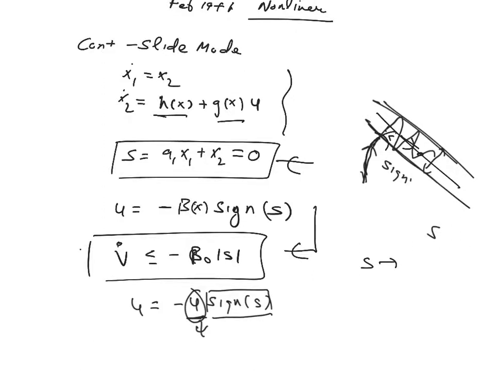Okay, so let's formulate the problem here on the next page. Let me first define what a saturation function is. So what is a sign function? A sign function looks like this: sign of y.